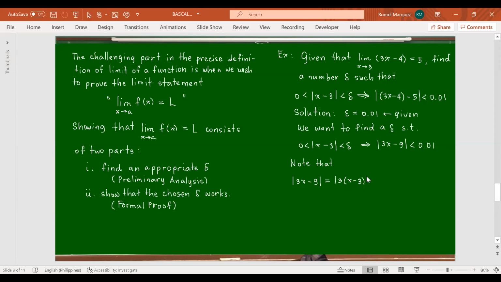You need to be good at inequalities. And the absolute value of a product: if I have absolute value of AB, that is equal to what, guys? Absolute value of A times absolute value of B. Am I correct, guys? So what is the absolute value of 3? That is 3, then absolute value of x minus 3.